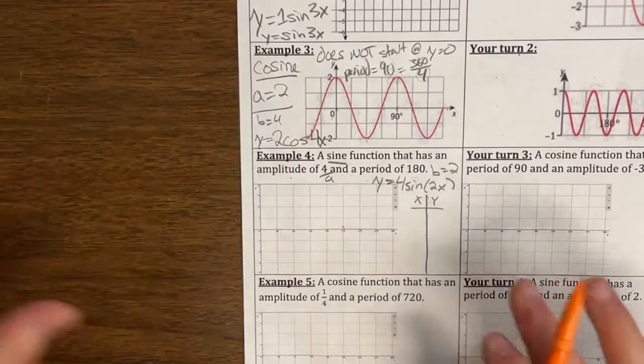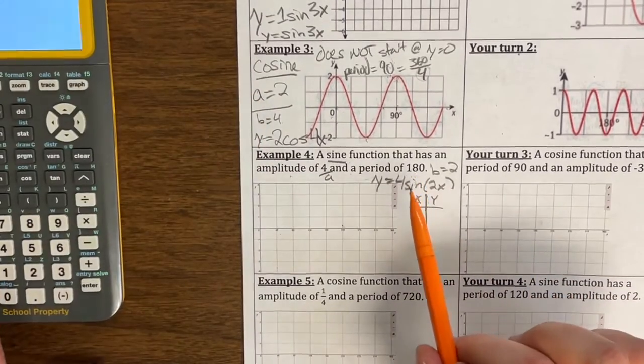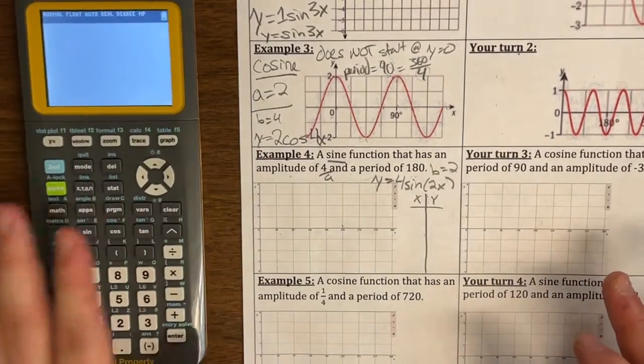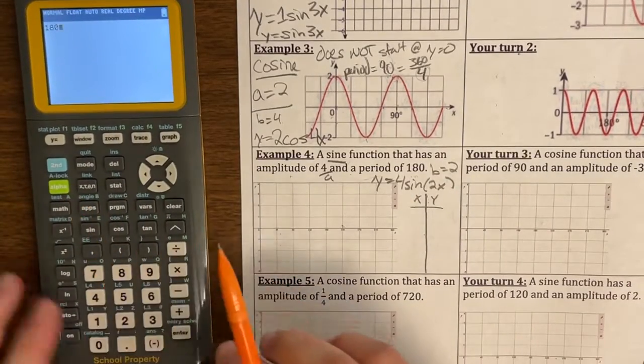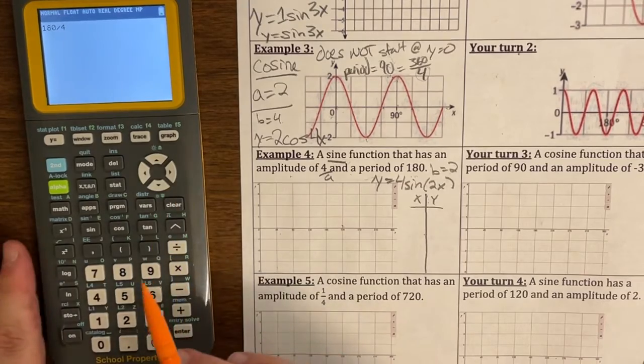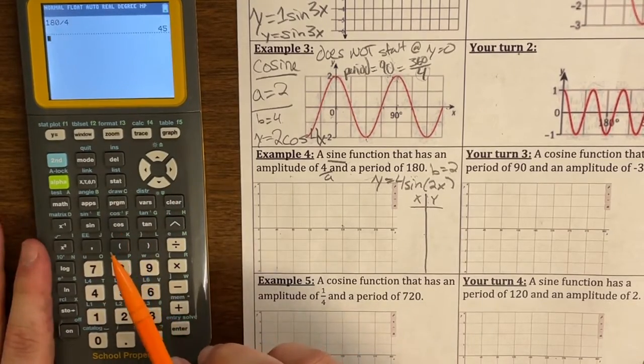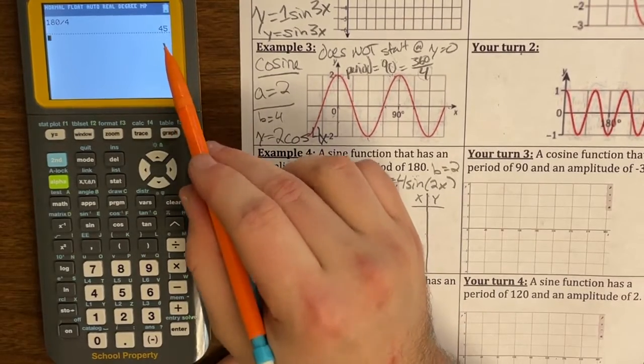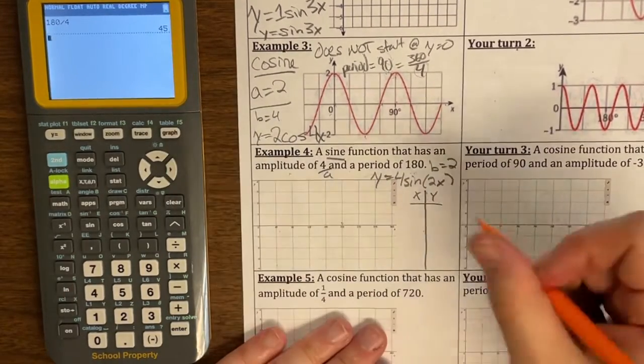If I need to figure out what my first 5 values are going to be, I can take my period, which is 180, and divide it by 4 to get my change in x. So every 45 degrees, I'm going to have a nice clean y value.